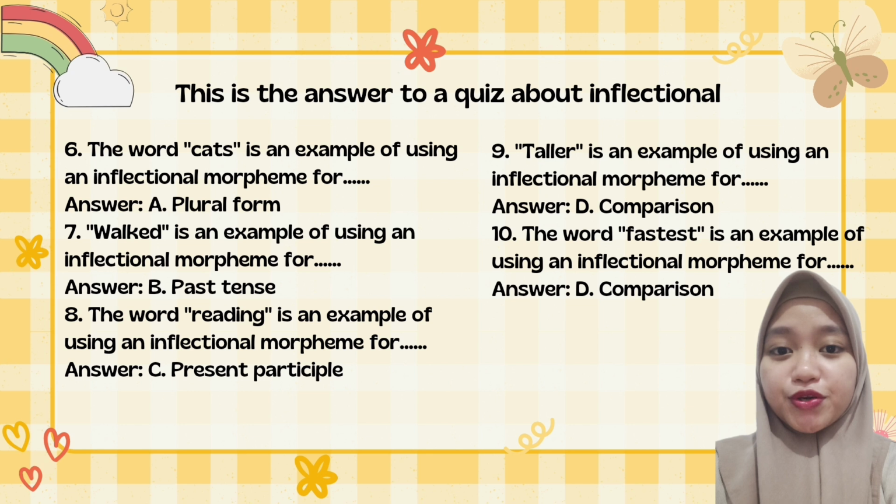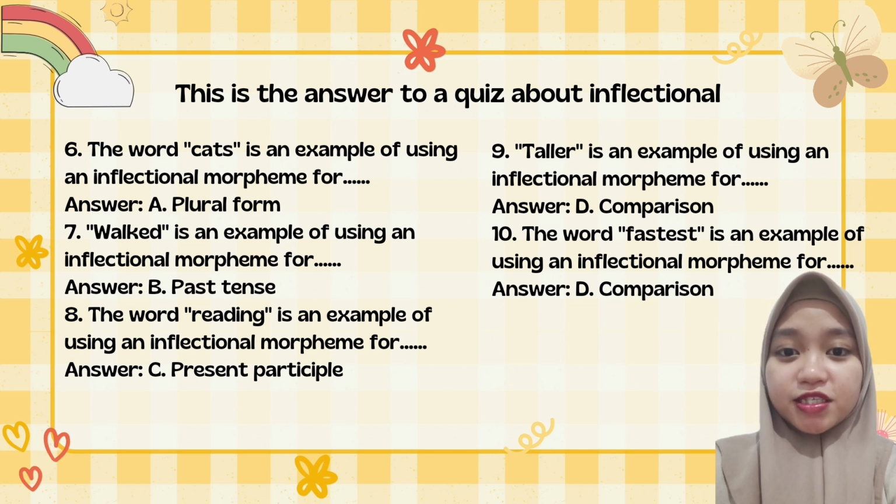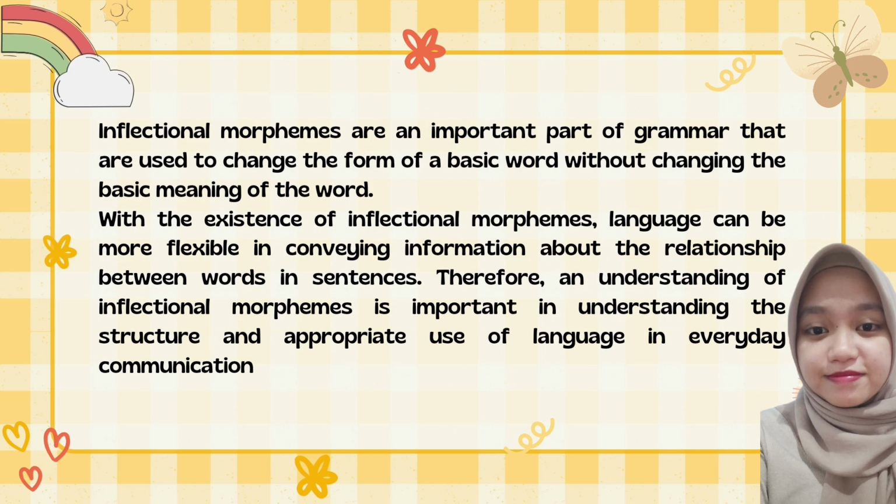Number 8. The word reading is an example of using an inflectional morpheme for? The answer C. Present participle. Number 9. Taller is an example of using an inflectional morpheme for? The answer D. Comparison. Number 10. The word fastest is an example of using an inflectional morpheme for? The answer D. Comparison.